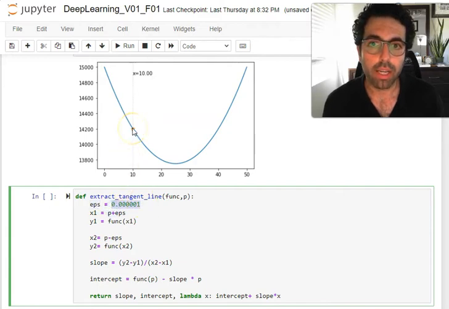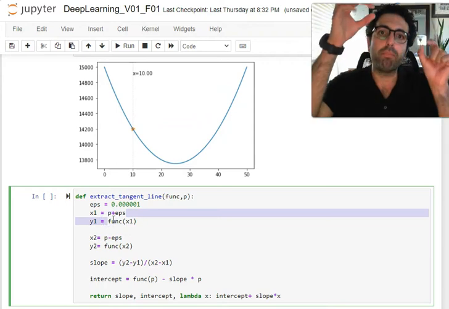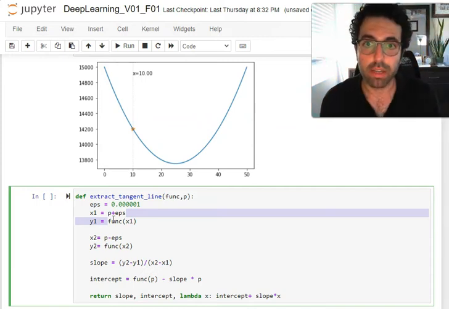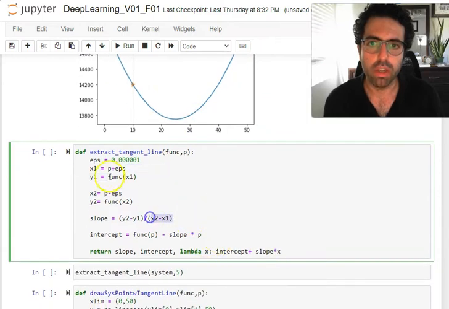And we say, okay, let me find what is the value of my function, my system, at p minus epsilon, right? So x1 is p minus epsilon and p plus epsilon. A little bit before and a little bit after that point. And we find the slope of that line based on these 2 points, right? So that's what this function does, right? x1 is p plus epsilon, x2 is p minus epsilon, and we calculate the y1 and y2 based on the function.